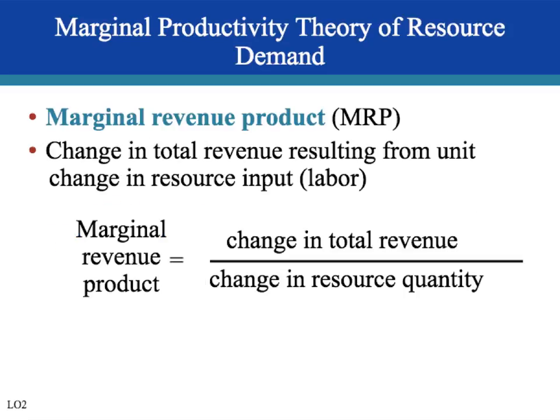What is the price of the output that the resource helps produce? When we include the price of the output that the firm is selling, then we can look at marginal revenue product, which is the change in total revenue that occurs when we change the amount of resources that we employ.